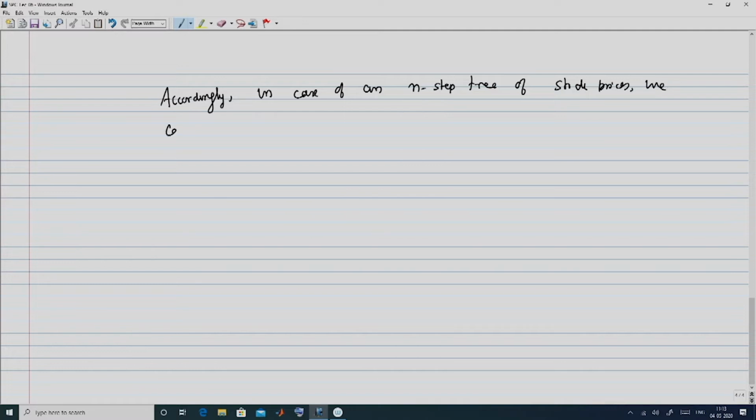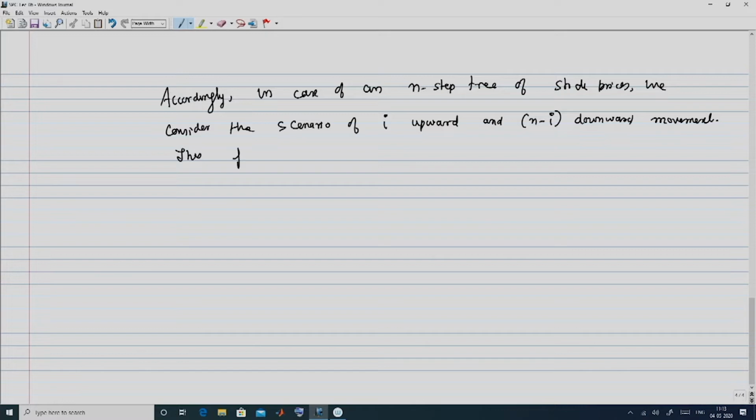we consider the scenario of I upward, that is I number of 1 plus u, and n minus I downward movement.